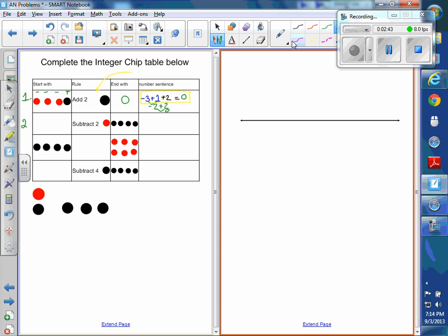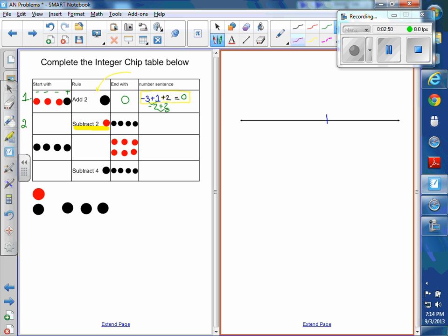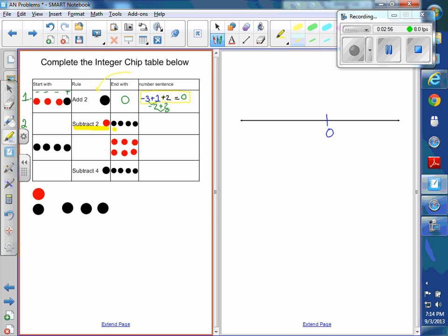first information that you have here is that you have to subtract 2 negatives from something. So this is 0, and you have to subtract 2 negatives and end up with 4 positives on the number line.